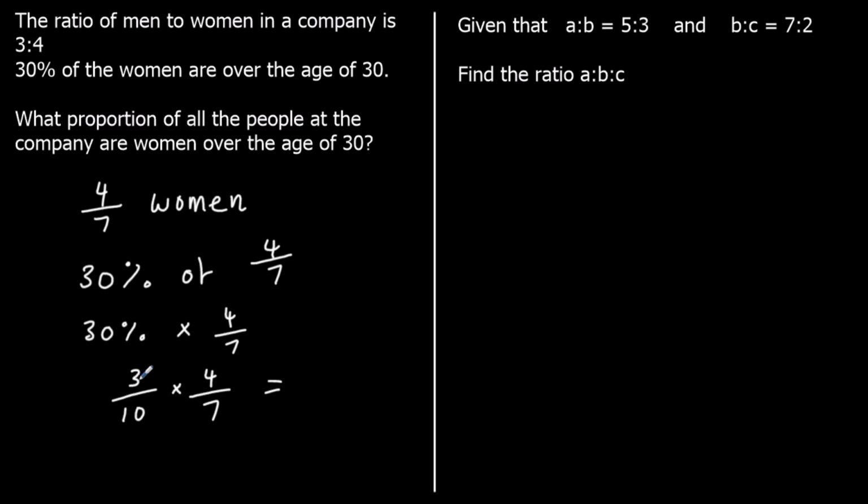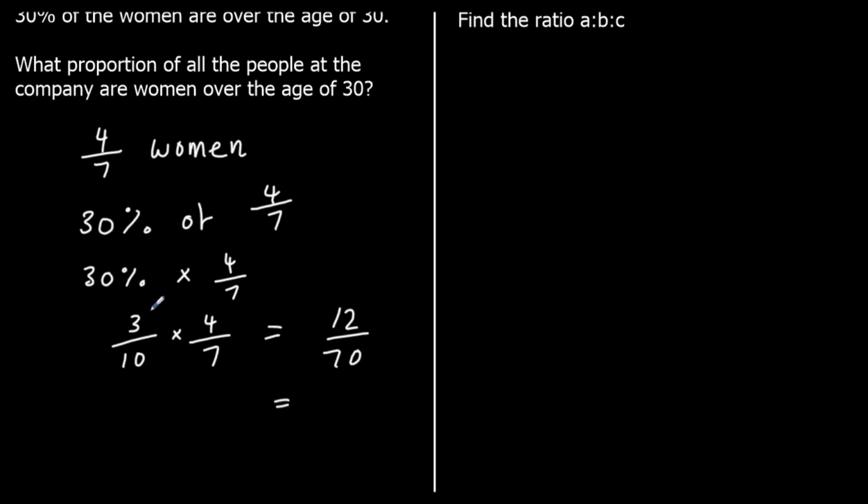Times the top, 3 4s are 12, times the bottom, 10 7s are 70, and we can simplify our answer because, well, if we half top and bottom, we'll have 6/35. And that's as simple as it gets. So we've got 6/35.